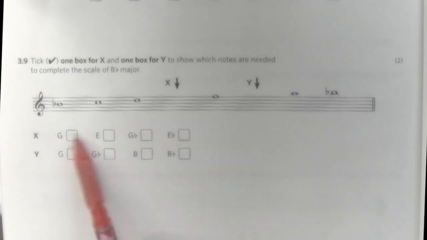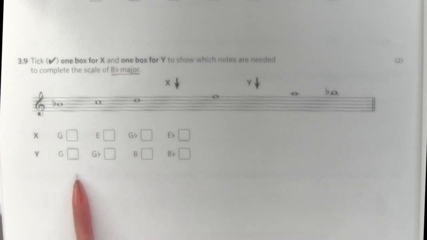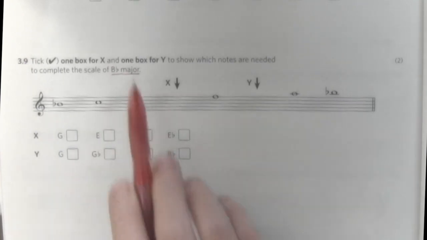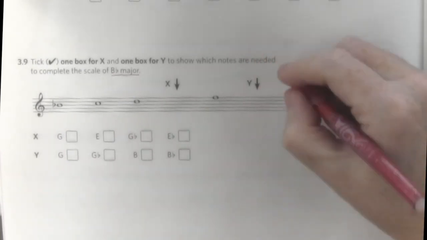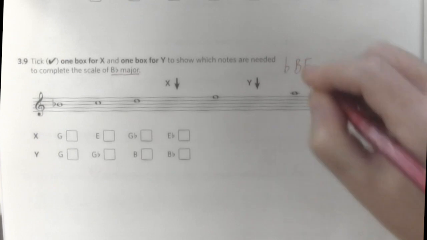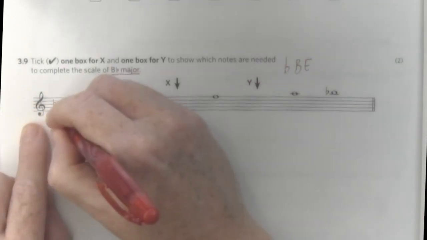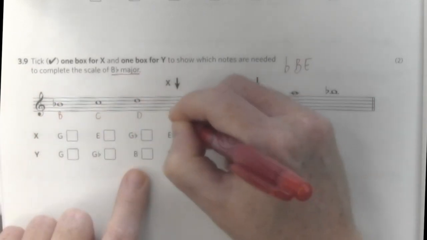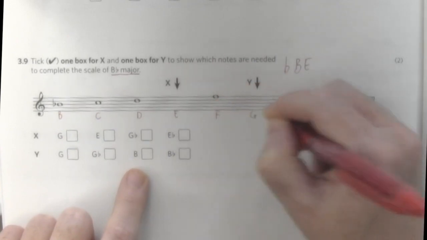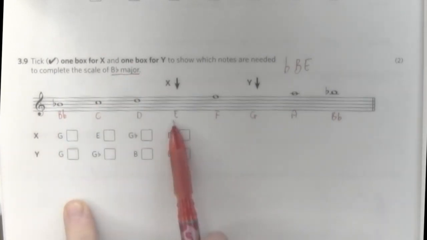Next one. We need to find the missing notes for the scale of B flat major, and we need to choose them from these options. B flat, as we said, has 2 flats, and the flats are these 2. Okay, this is B flat. We can do B, Do, Si, Do, Re, Mi, Fa, Sol, La, Si. Mi, there you go.